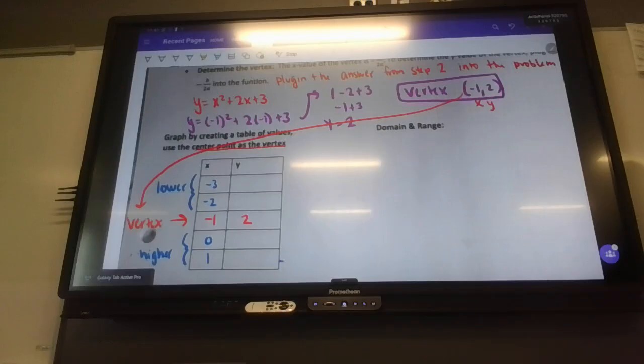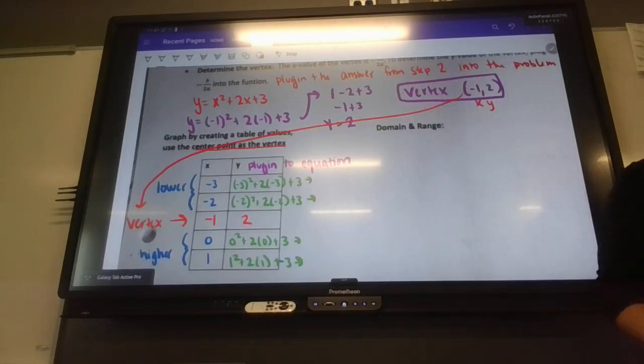So I'm going to do -3 squared plus 2 times -3 plus 3. -2 squared plus 2 times -2 plus 3. 0 squared plus 2 times 0 plus 3. 1 squared plus 2 times 1 plus 3.